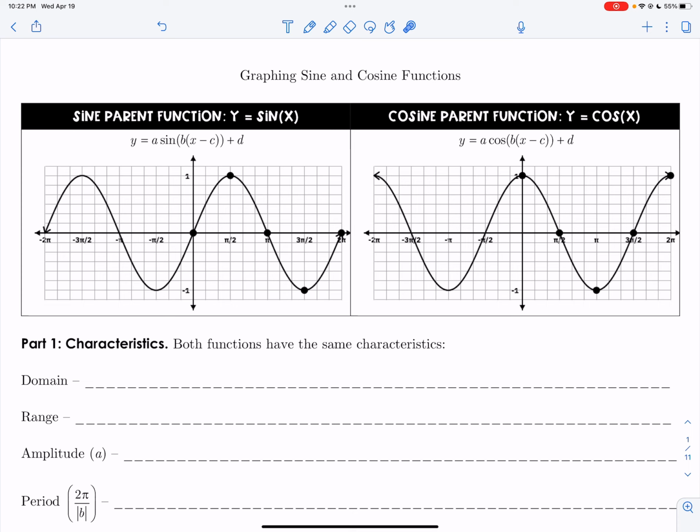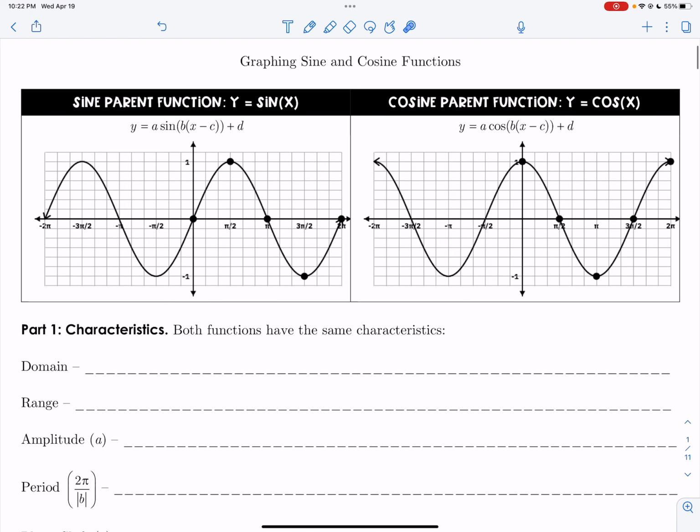Hopefully you remember this from Math 3. And if you had me last semester, then you had this worksheet. The only thing that we're adding is the tangent, the cotangent, the secant, and the cosecant functions in this little packet.